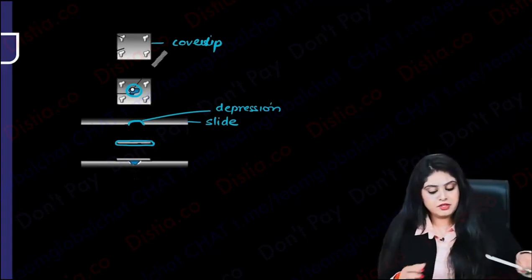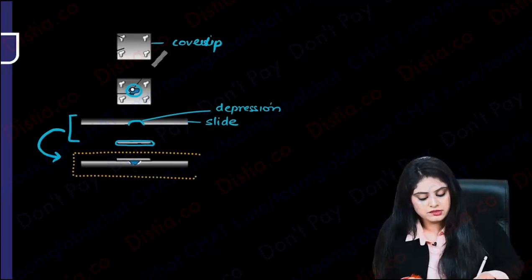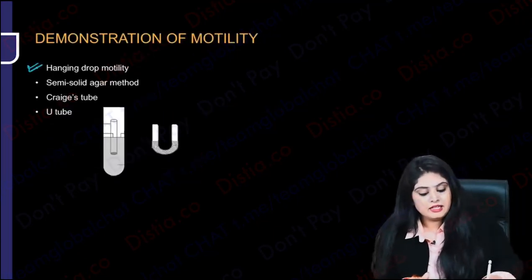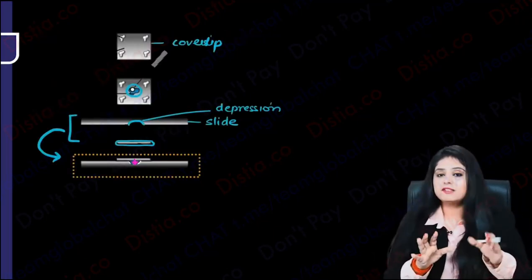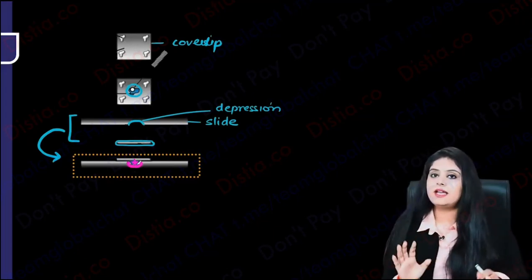Once I have inverted it, will you see something hanging from this cover slip? That is why it's called the hanging drop motility. You don't have to know the procedure, but you need to know that you have a slide with a depression and something is hanging into it. That is hanging drop motility.